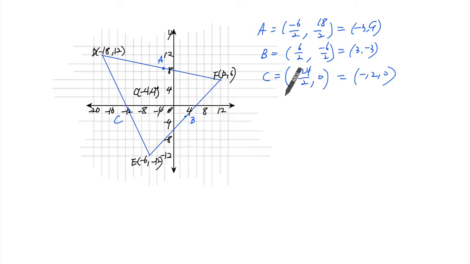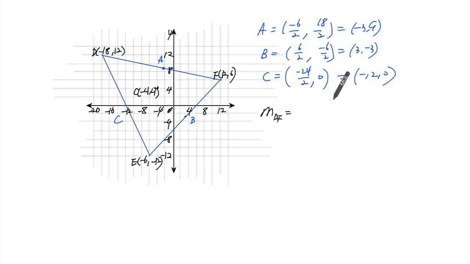Okay, we also need, because it's a right bisector, meaning the line has to be perpendicular to the line the point lies on. So we also need the slope of DF.